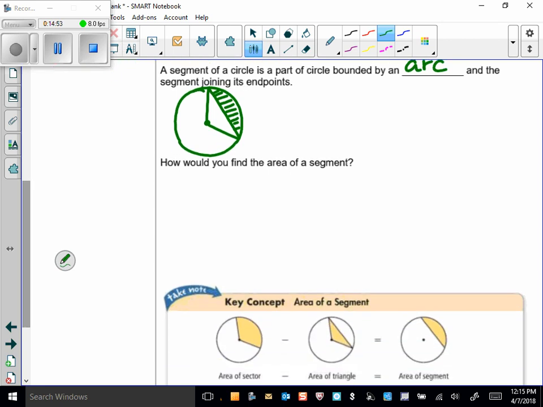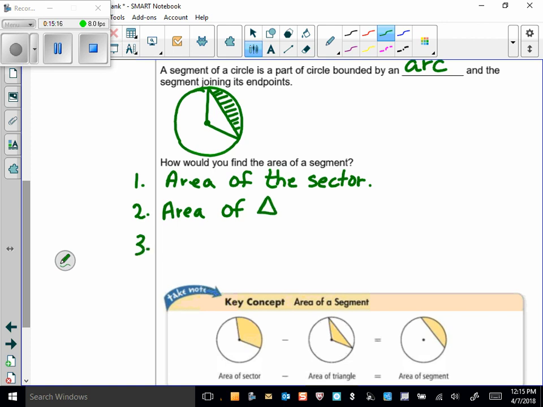How would you find the area of a segment? Well, let's think about it. What we would do is we would find the area of the sector first, right? Number 2, we'd need to find the area of the triangle, and then we'd have to subtract the triangle's area from the sector's area.